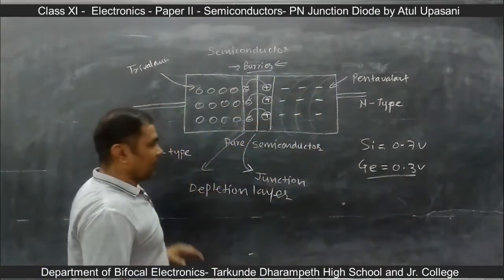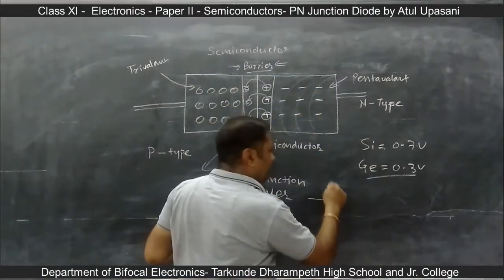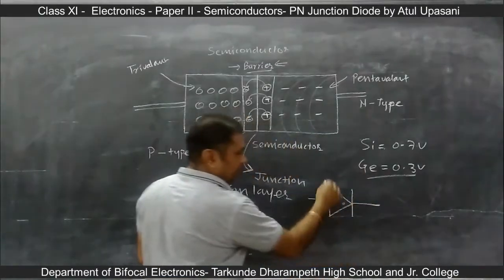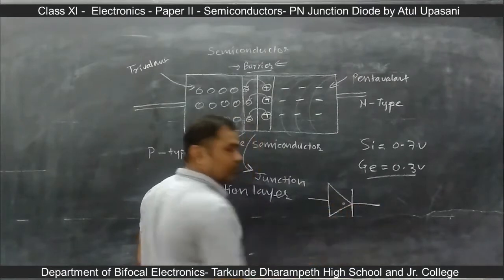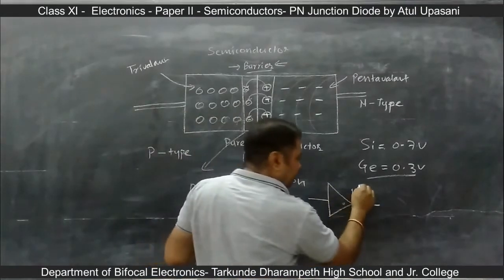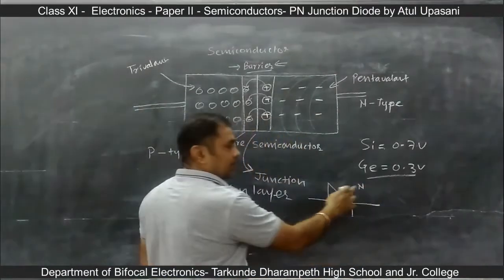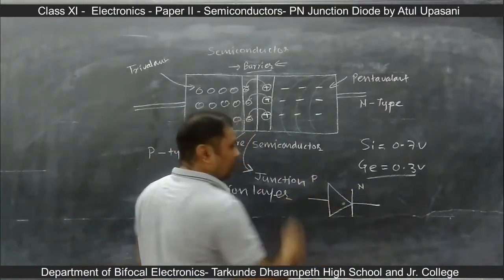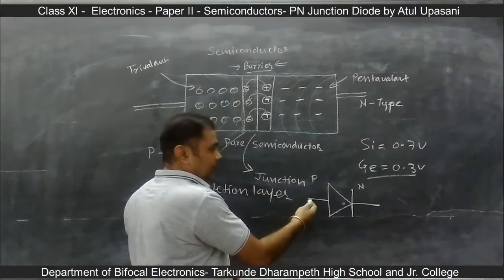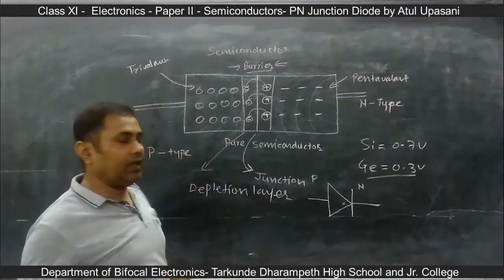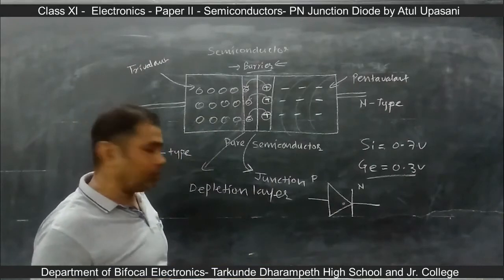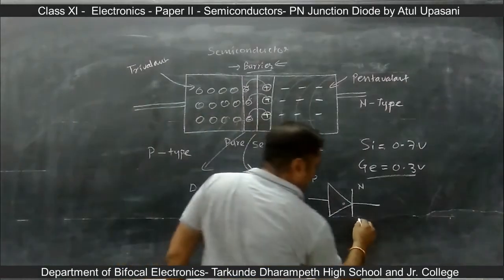This PN junction is indicated by a symbol: there is a triangle and a bar. This bar indicates that this side is N type, and the triangle side is called P type. In electronic configuration, we show these electrodes with the names anode and cathode. So here, this will be the cathode.